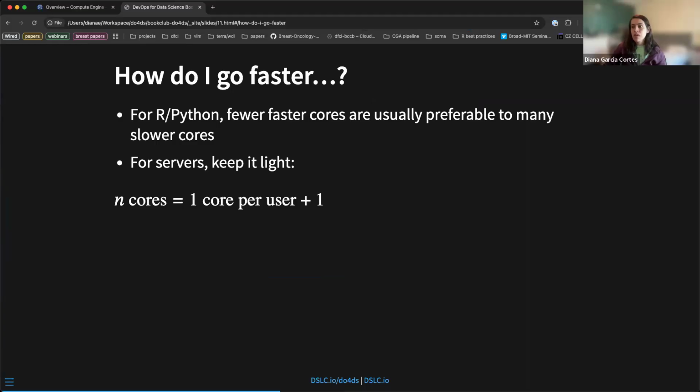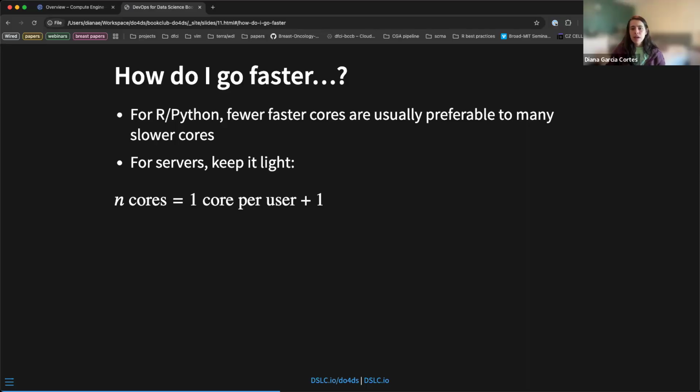Gotcha. So as Artem mentioned, usually R and Python only have one core. So the book is talking about when you have to set up an environment for multiple users.